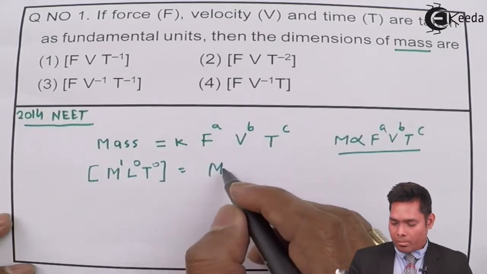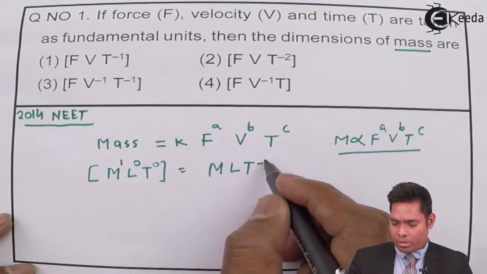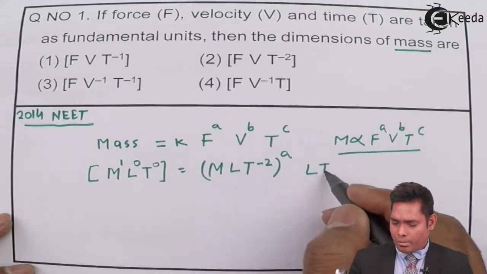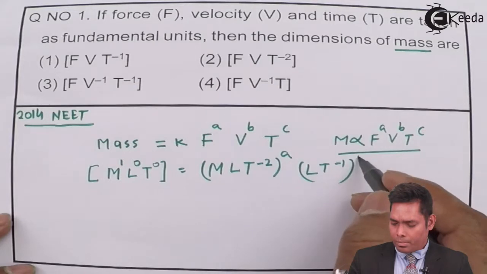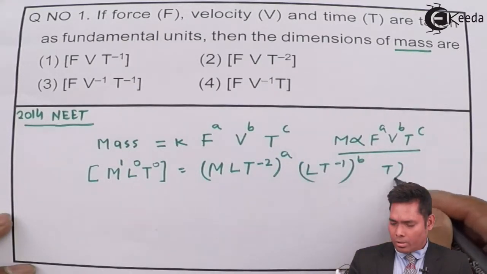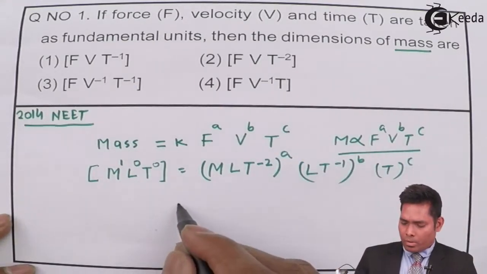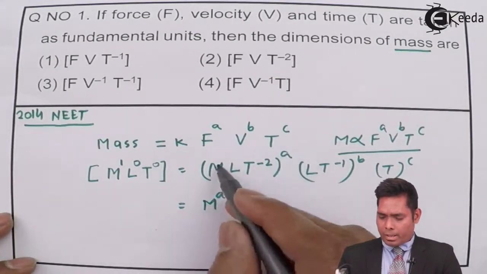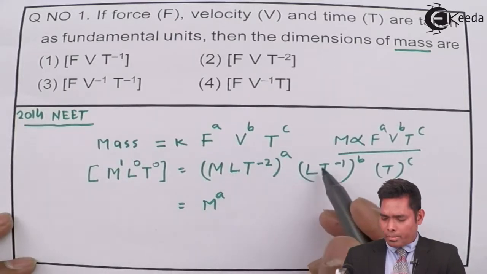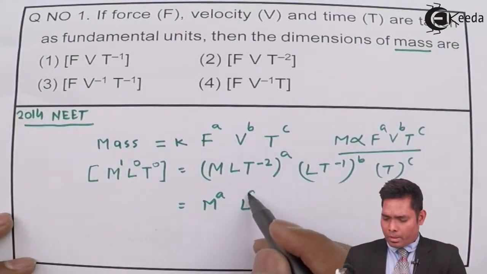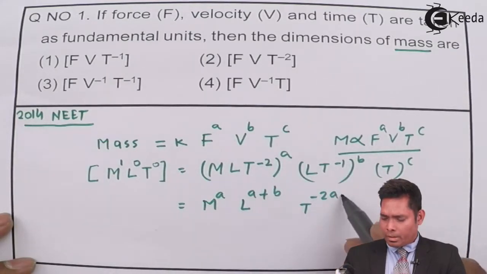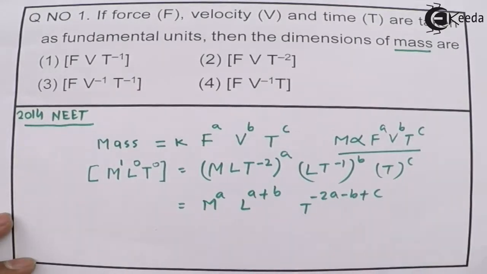Force is M L T minus 2, power A; V is L T minus 1, power B; here it is T and power is C. If I solve this, M to the power A, because power A is there, L to the power A here, B here, so L to the power A plus B, T to the power minus 2A here, minus B here, plus C there.